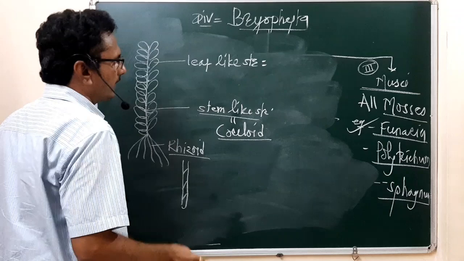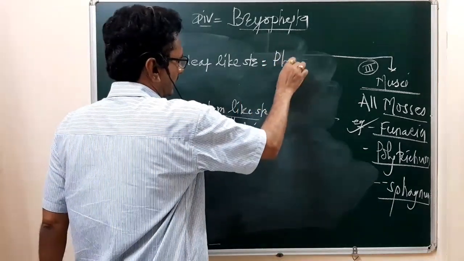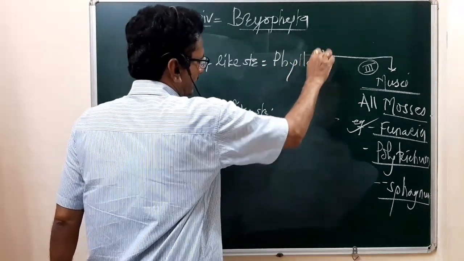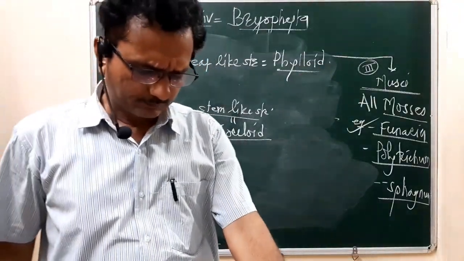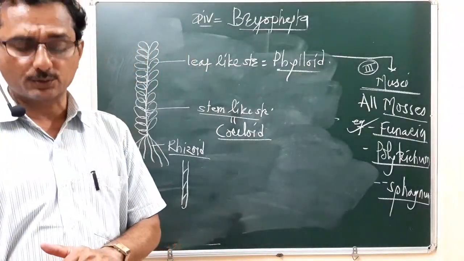It is also called a phylloid. Phylloid means the leaf-like structure.